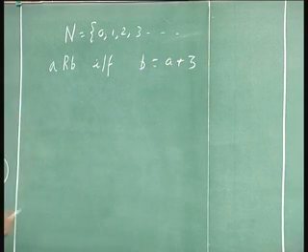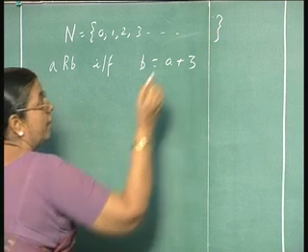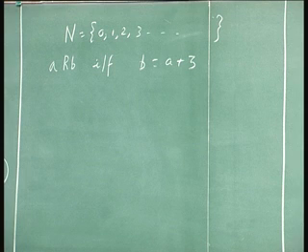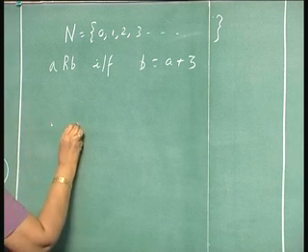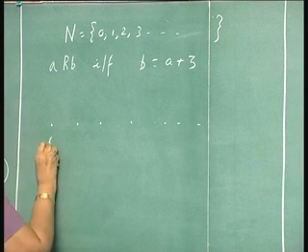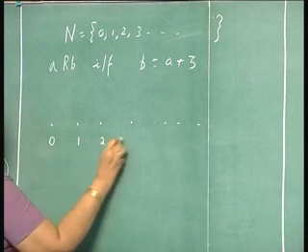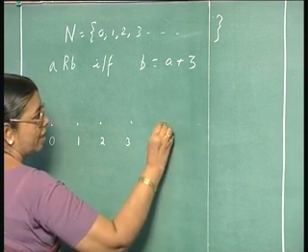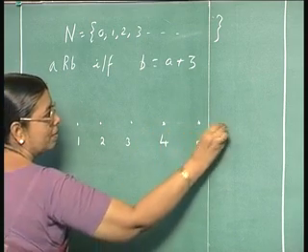So, how will you represent this infinite set and infinite relation? We cannot draw the graph completely, but we can represent a finite portion and say dot dot dot. So, take 0, 1, 2, 3, 4, and you can say it will follow a similar pattern here.